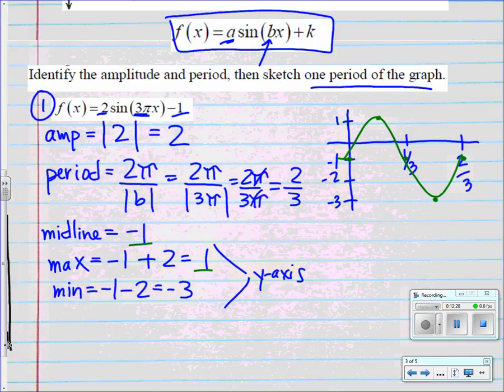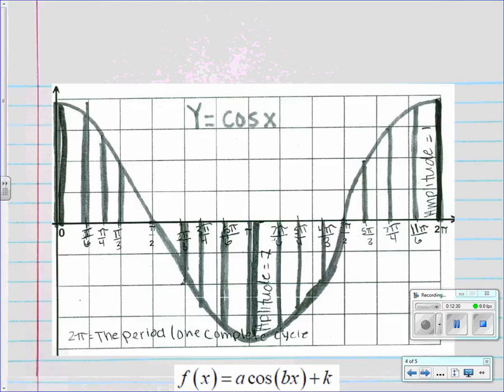Now let's do a cosine. Just where they start and end is all. So this is on 47, right? Right, cosine function.